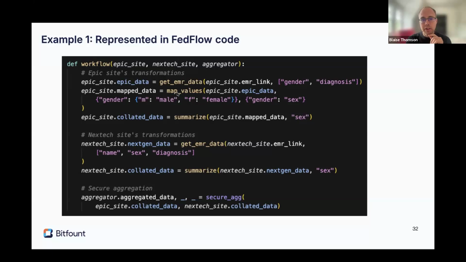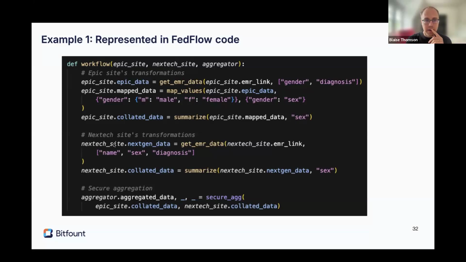Then we have a standard function that operates on a data frame. In this case, it's going to convert the gender field, all the M's to male, all the F's to female, and convert gender to sex. Now we have a new data frame, and then we summarize that data set. Again, imagine this is a Python function that's been defined here.